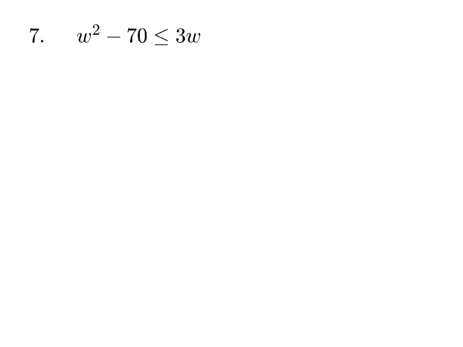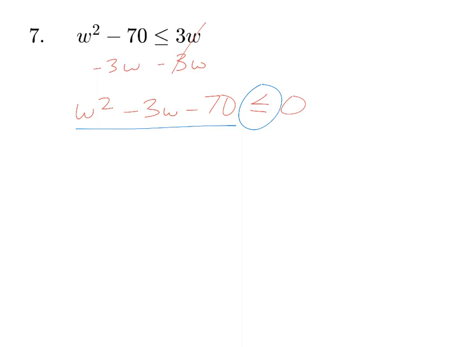All right, first thing we want to do here is put this in standard form. So I'm going to subtract 3w over. So I have w squared minus 3w minus 70 is less than or equal to 0. Okay, before we even consider what to do with the inequality, let's just factor this expression here, this quadratic.